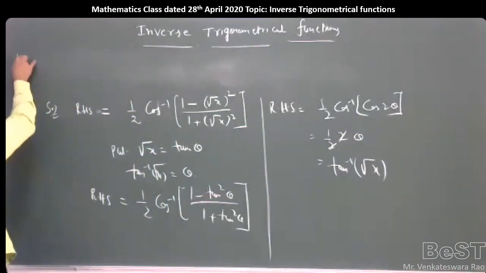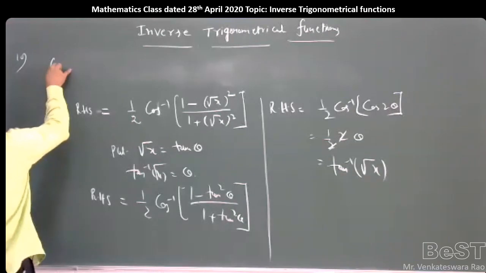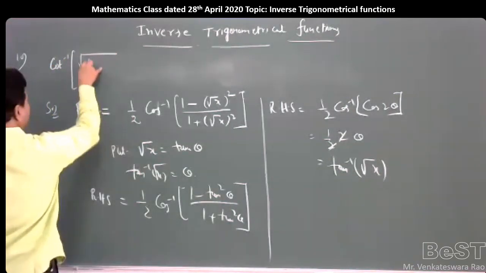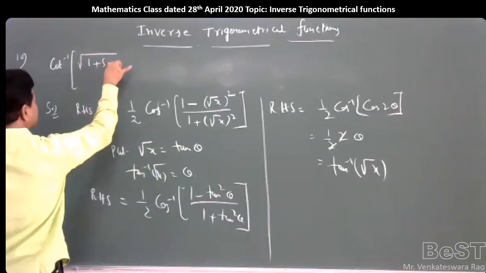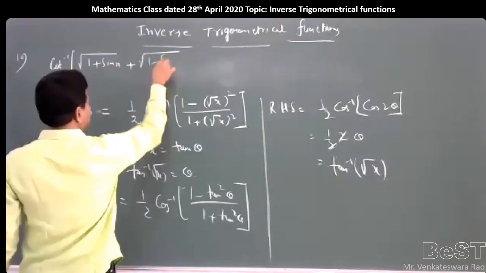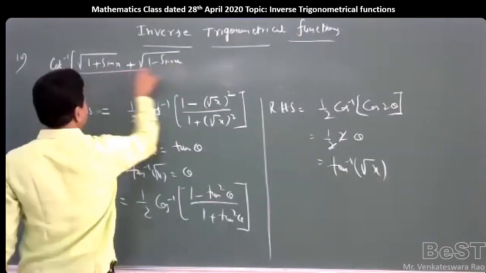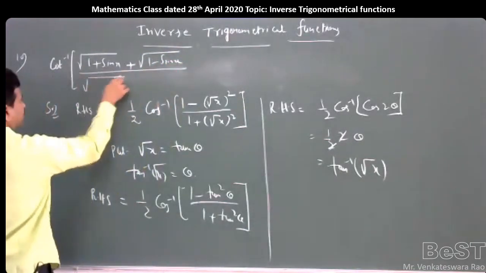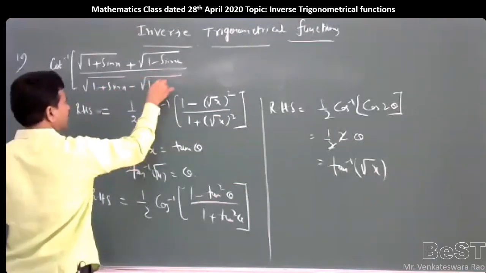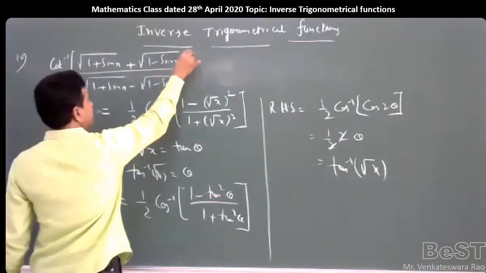Now on to the 10th problem. Cot inverse of (square root of 1 plus sin x plus square root of 1 minus sin x) by (square root of 1 plus sin x minus square root of 1 minus sin x).